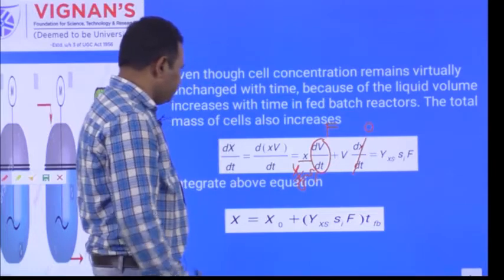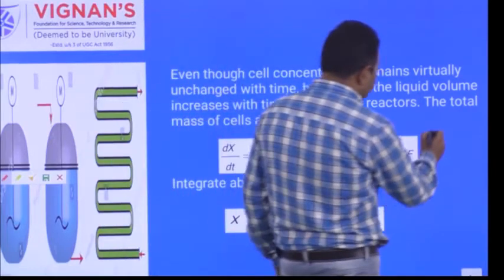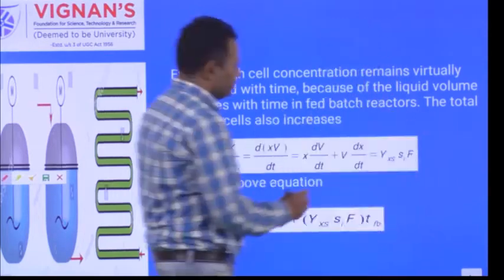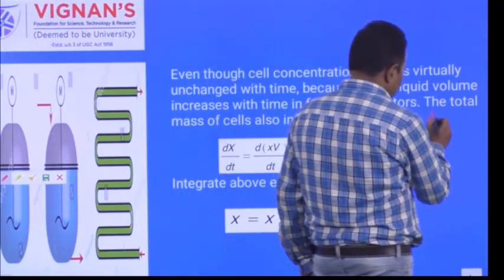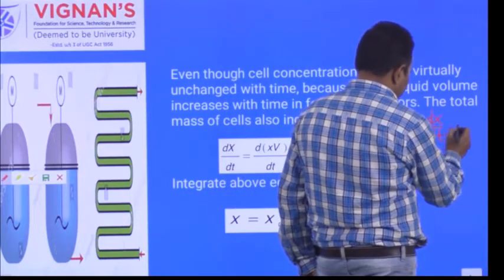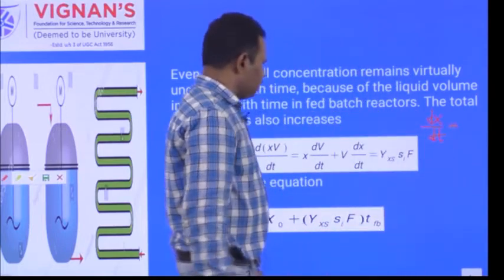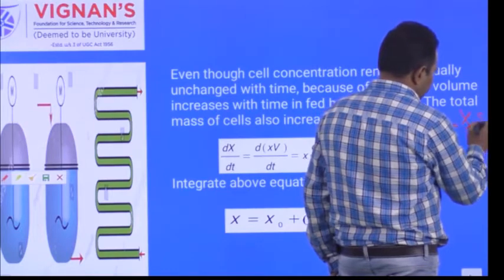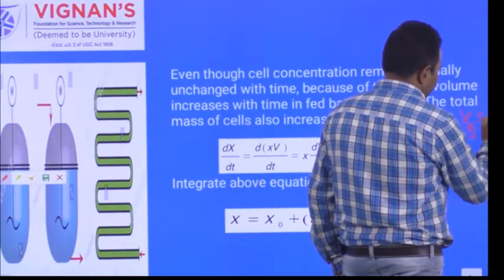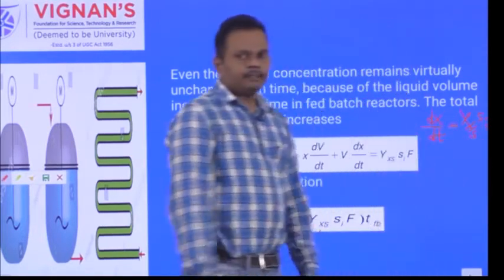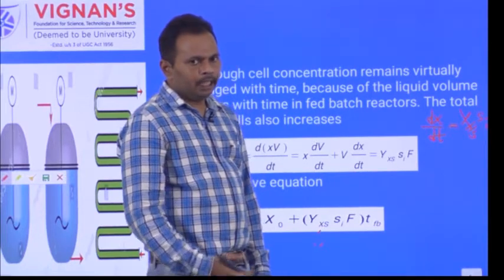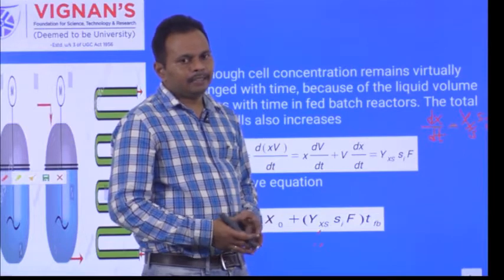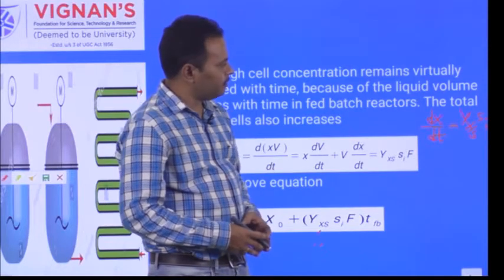So from this, you can write this equation as dX by dt, the mass of the cells, is equal to Yx/s times Si times F. Yx/s is constant, that means the yield of biomass produced from substrate consumption, a linear relationship between the two.